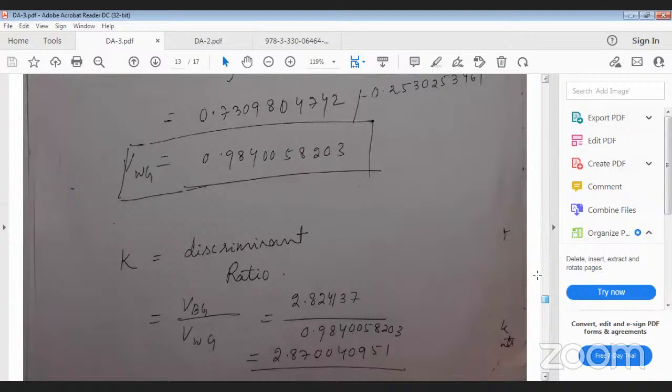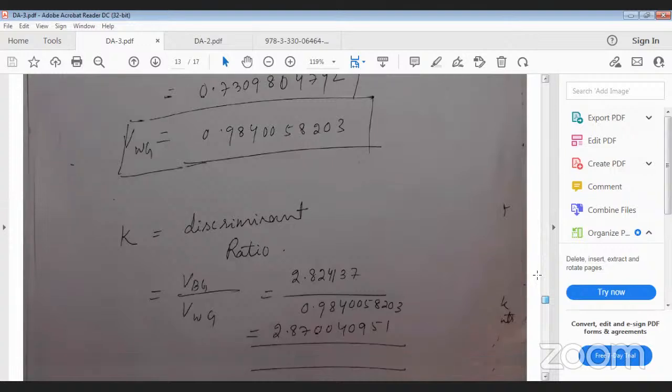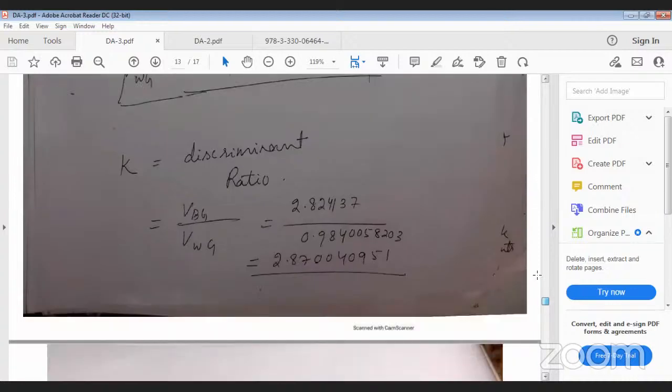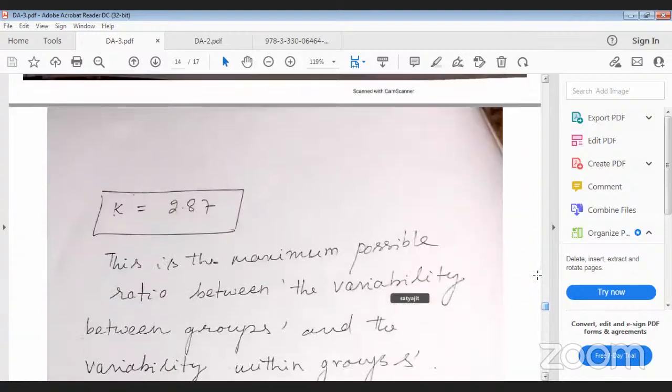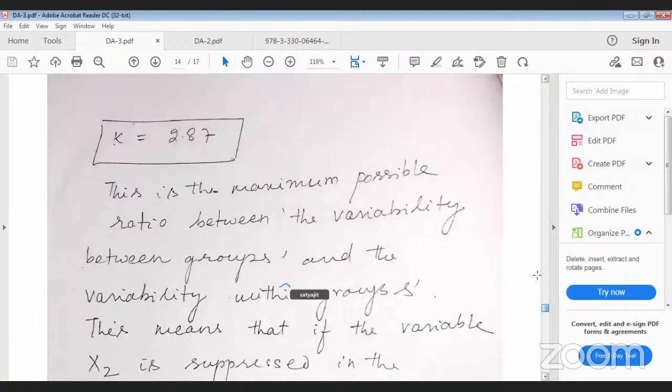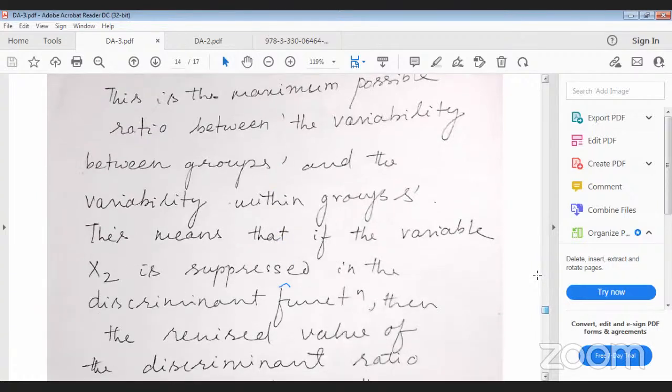The formula is variability between the group over variability within the group. Then whatever you are getting, that is the discriminant ratio. So this is very important to calculate, because afterwards you can identify which variable is most important through this discriminant ratio. Okay. So K we are getting 2.87. So this is the maximum possible ratio between the variability between the groups and the variability within the group.